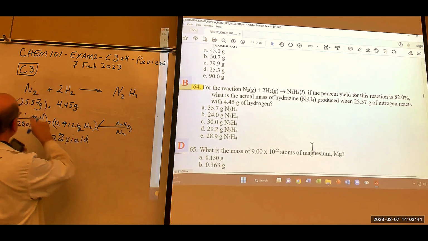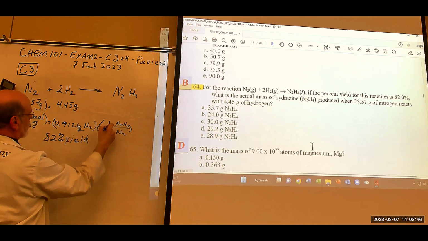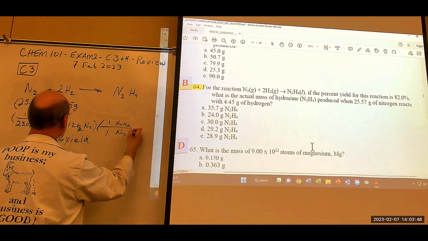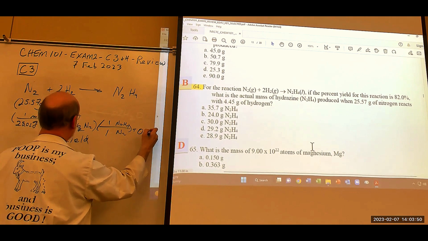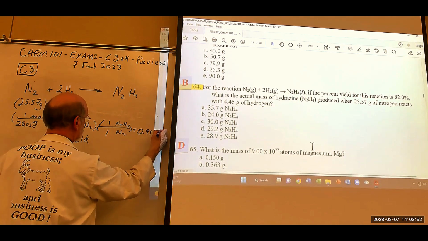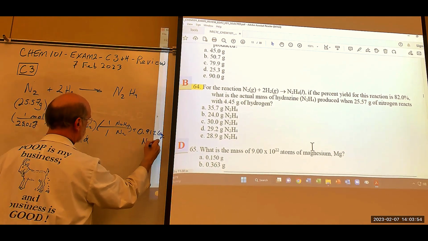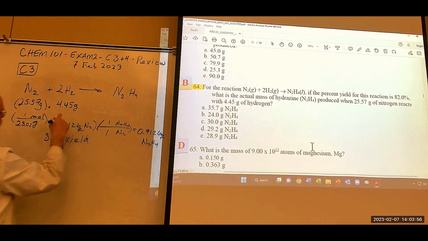Okay, let's see. This one has one here, one here. Oh, so we got that. So this one produces 0.9126 moles of hydrazine. Okay, how about this one?